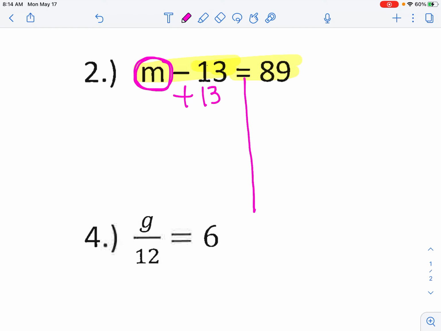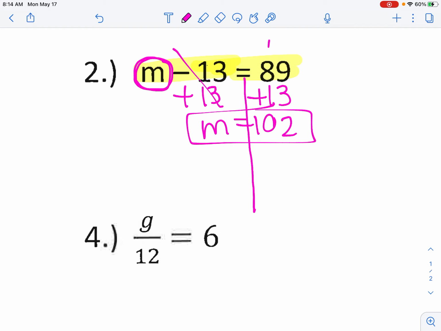If I add 13 to the left, I have to add 13 to the right. So negative 13 plus 13 is 0, so that all cancels. All I have left over here is m. 9 and 3 is 12, and that's 10. So m equals 102, and then we put a box around our answer.